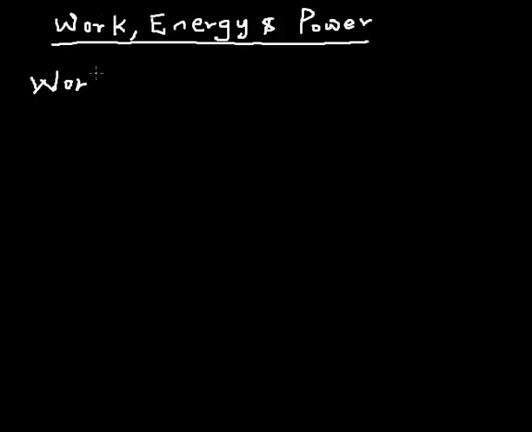Now, work in physics is defined as the product of force and distance in the direction of the force. The product of force applied and the distance moved in that direction of the force.